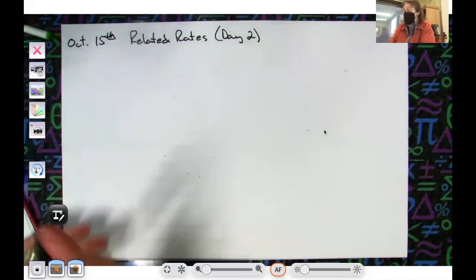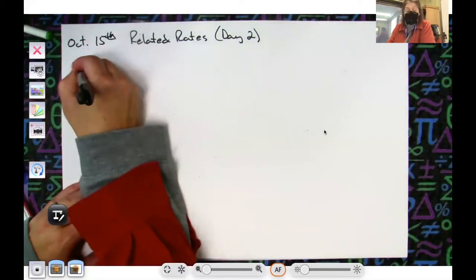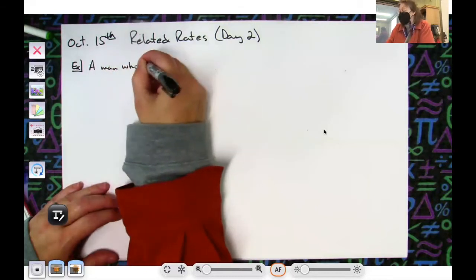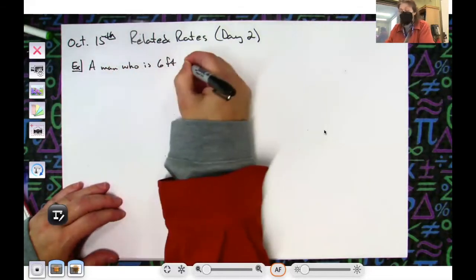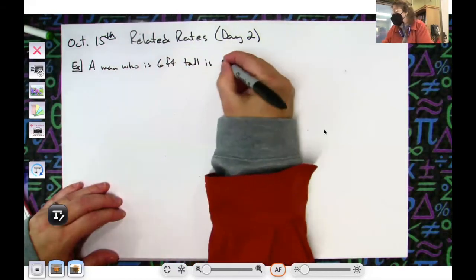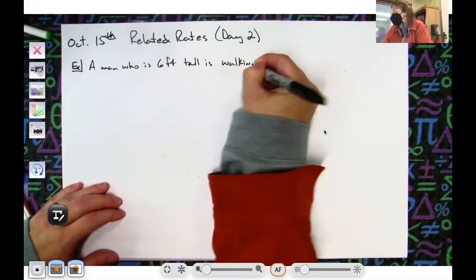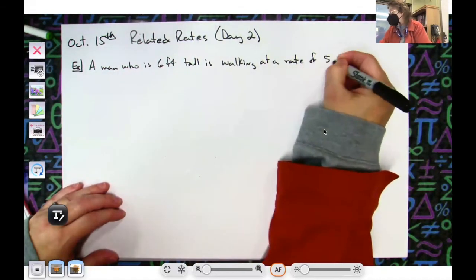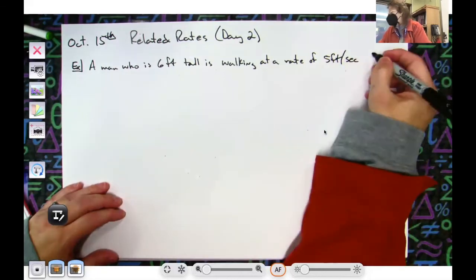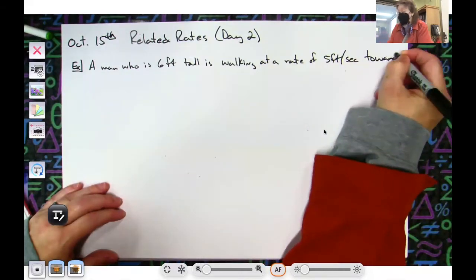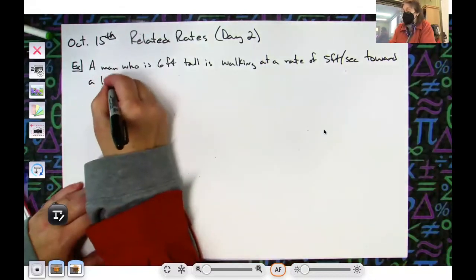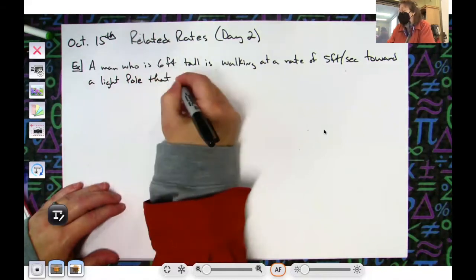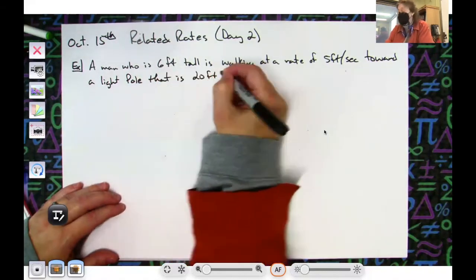All right, so let's look at an example here. Let's say a man who is 6 feet tall is walking at a rate of 5 feet per second toward a light pole that is 20 feet high.